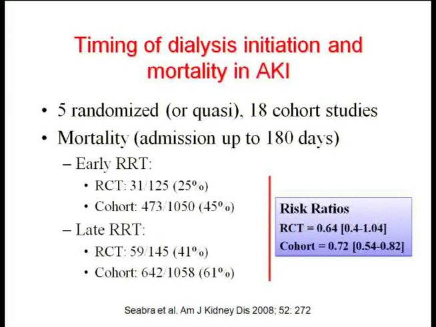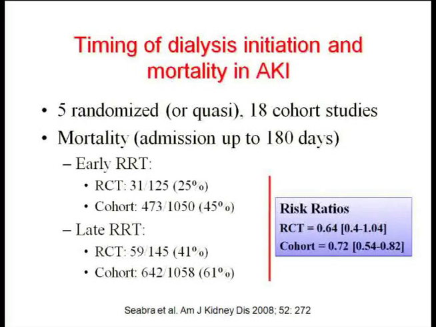For cohort studies, mortality of about 45%, 61% in the late starters. So that came up with risk ratios of about 0.64 and 0.72 for randomized clinical trials and for cohort studies.